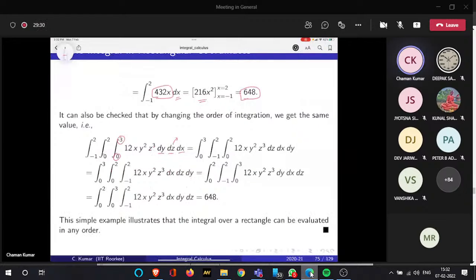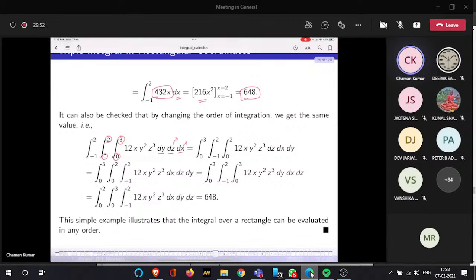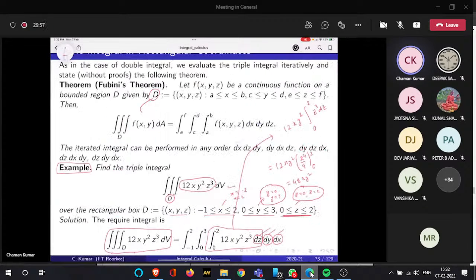So if you change the order, you have to change the limits of the integration in that particular order. If you are integrating with respect to y, then you put the limit of y there, right? And in the same way z. And then with respect to x, the limit of x given in the domain is from -1 to 2.